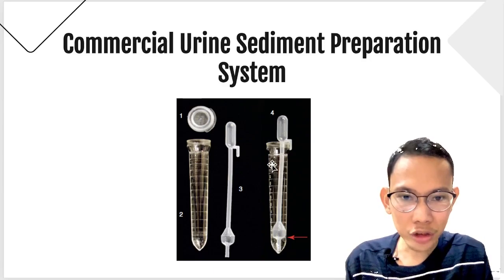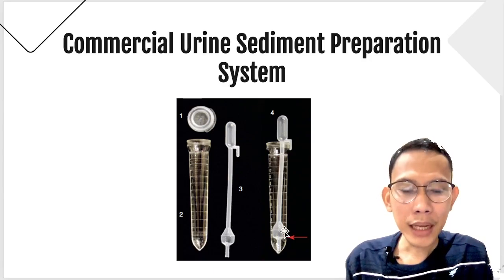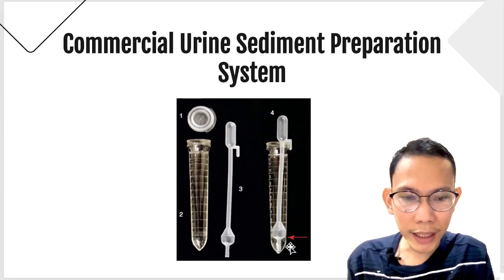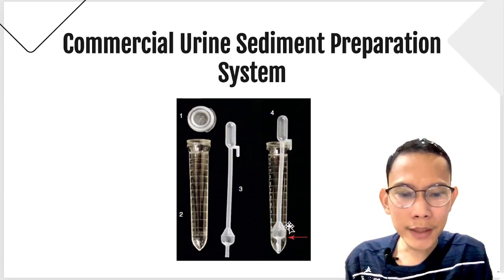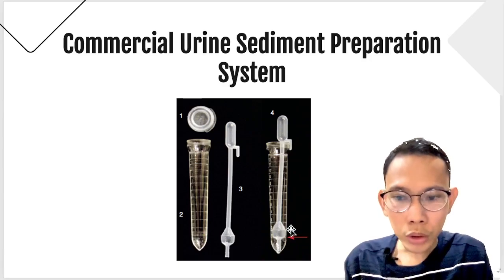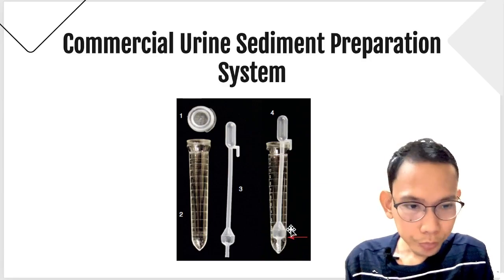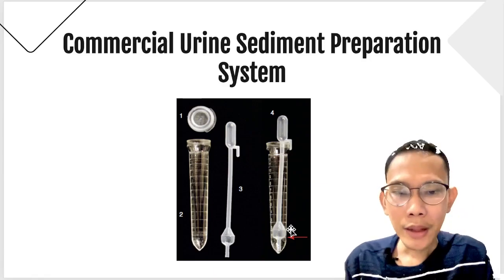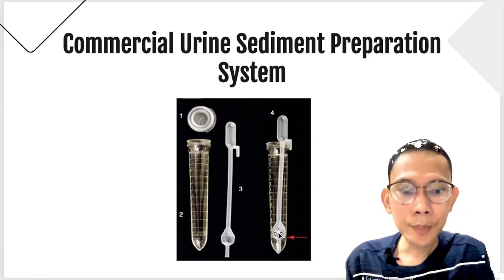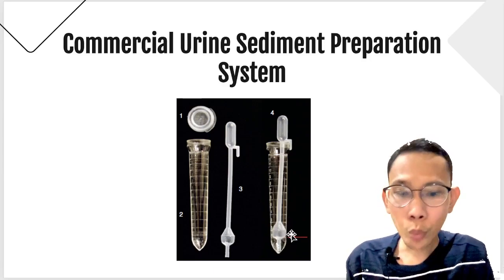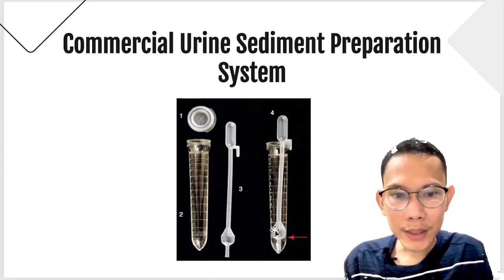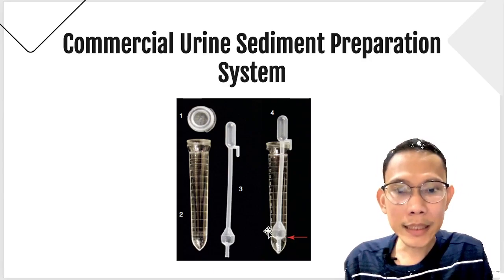So, ipapasok natin siya dito. And then, at the end, until to the base. So, nakita nyo until the end of the base. And itong bulb-like structure na ito will fit snugly here, such that all but 1 ml of urine can easily be decanted. So, in short, this is one way of parang alisin yung decantation.